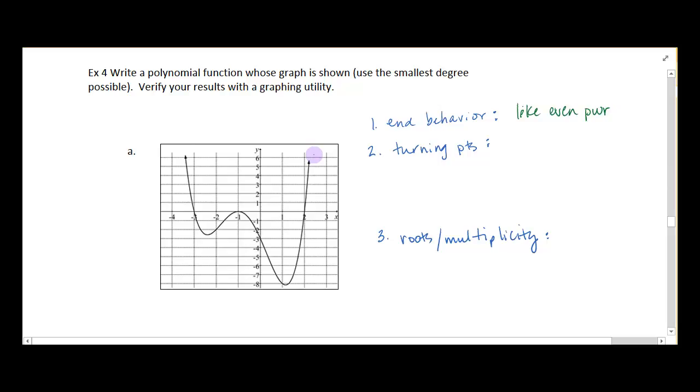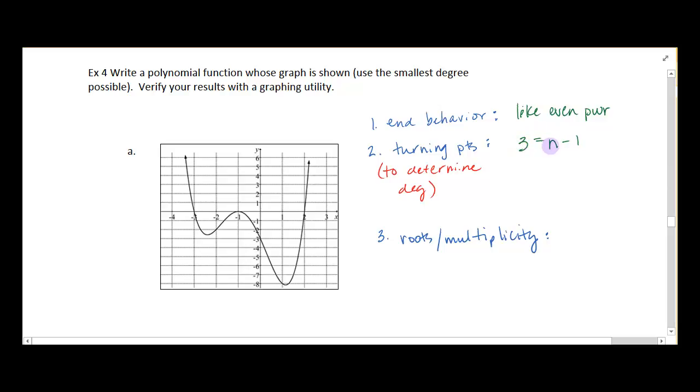By using the turning points, we're going to determine the degree of the polynomial. We're going to use that definition of turning points to determine the degree. I can see here that this polynomial function changes direction in 3 places. So we have 3 turning points, and the degree of the polynomial minus 1 gives me the number of turning points.